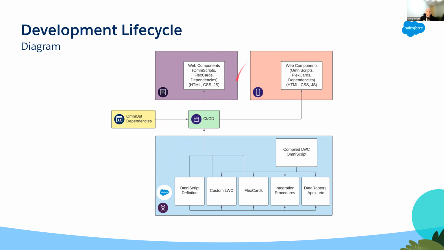This could be a third-party mobile app. And so it will take all of this stuff and basically deploy it as HTML, CSS, and JavaScript on your third-party mobile app or web server. But ultimately, the OmniScript itself is mastered in Salesforce. Everything is mastered in Salesforce, although you can tweak it a bit if you wanted for OmniOut.